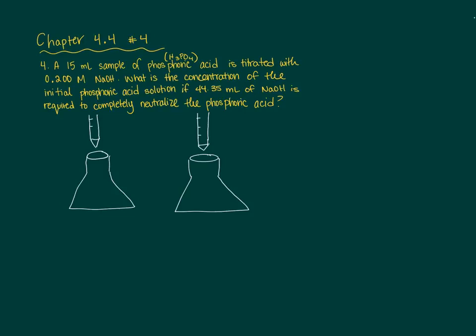A titration is the procedure to find the concentration of a solution by reacting it with a standard solution with a known volume and concentration. So in this problem, our known solution is NaOH.